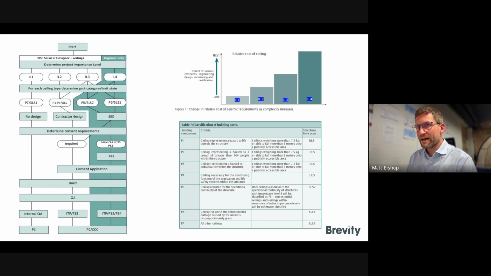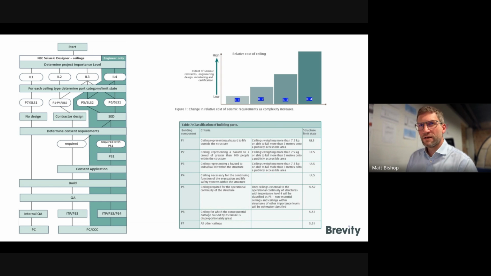And then the atrium ceiling, the heavy atrium ceiling, I've put as a P6, because if that thing falls down, it's not just going to disrupt one room, it's going to create issues all the way down that atrium, right down to the bottom in the cafe, say that's at the bottom there. So I've put that as a P6 category.